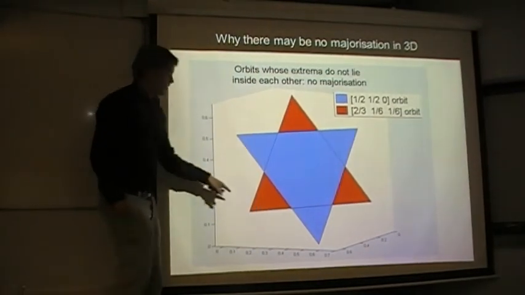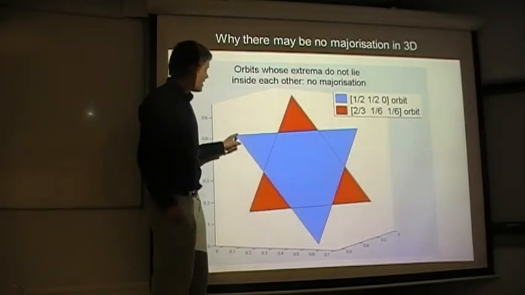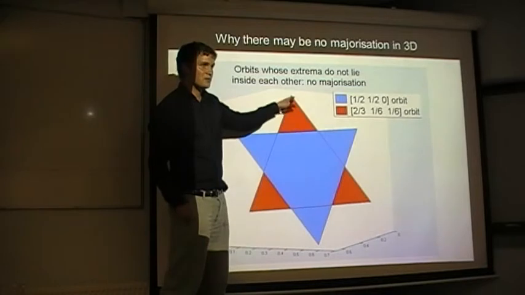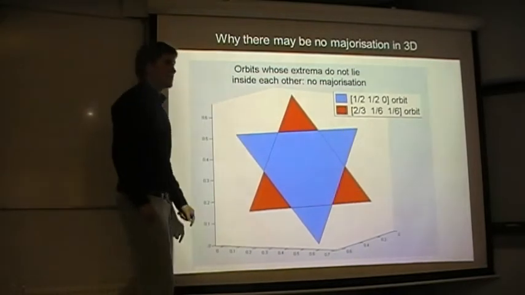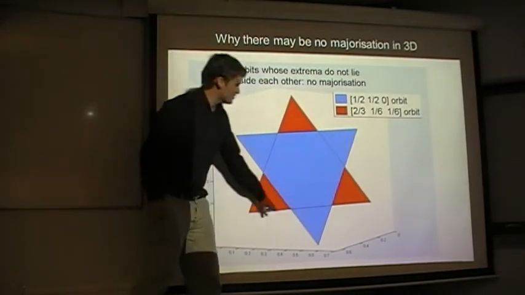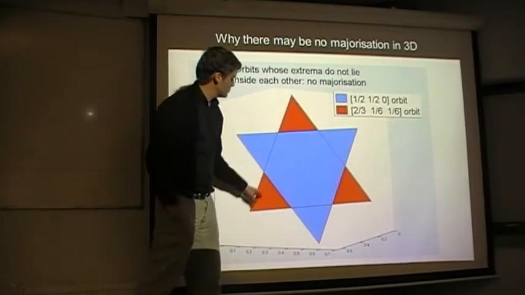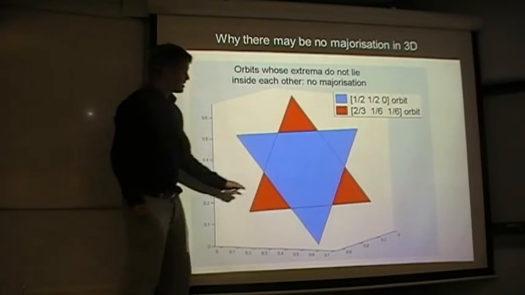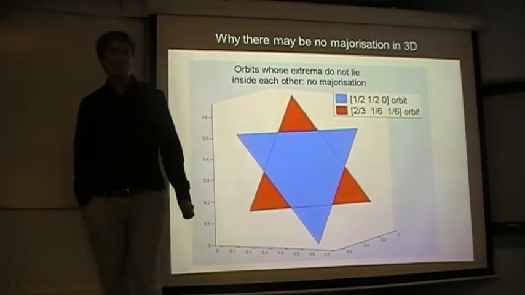Similarly, this guy is not majorized by the red ones, because it's not inside this set. So this wouldn't happen in 2D, but it can happen in 3D.